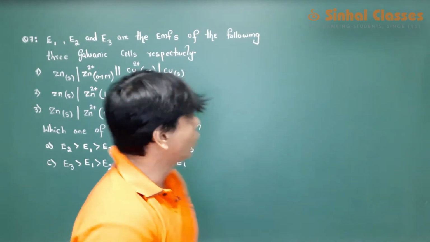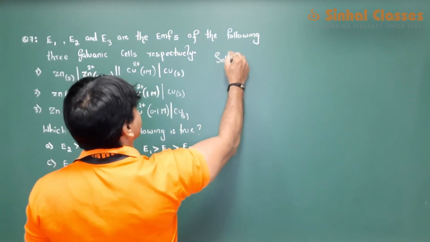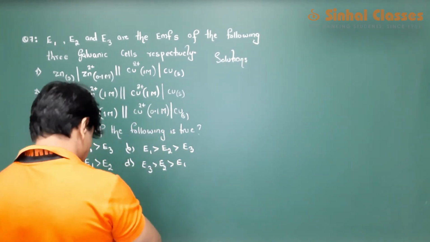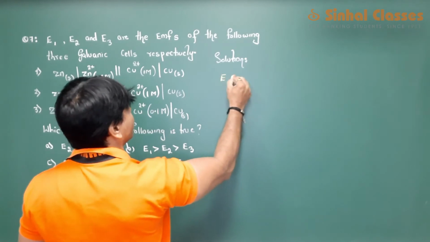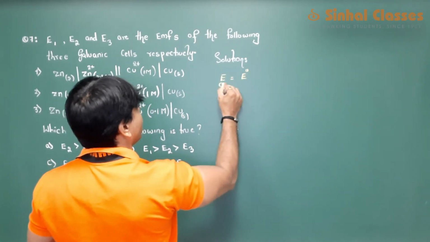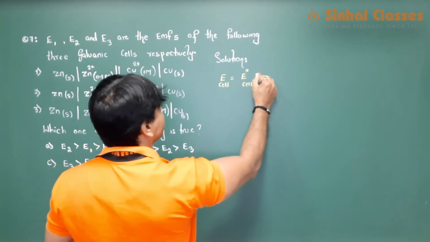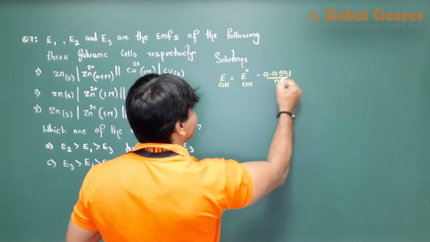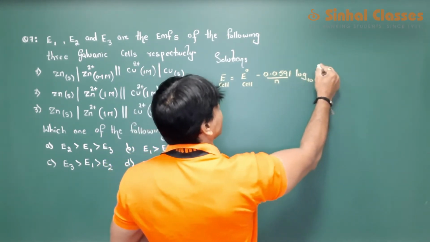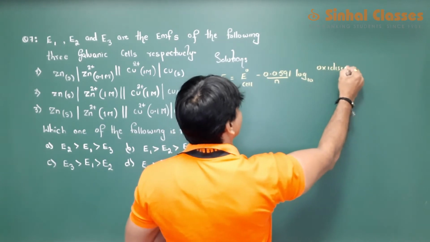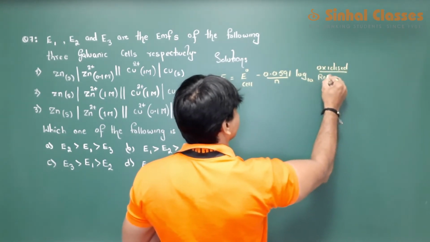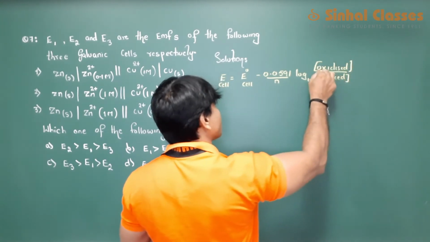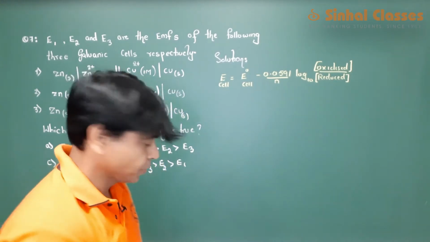Now, we know according to Nernst equation, E of the cell is equal to E naught of the cell minus 0.0591 upon N log to the base 10 concentration of oxidized product upon concentration of reduced product.